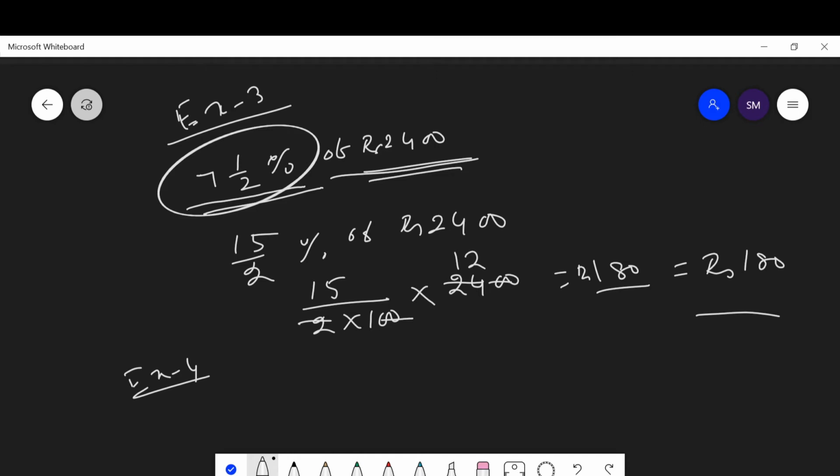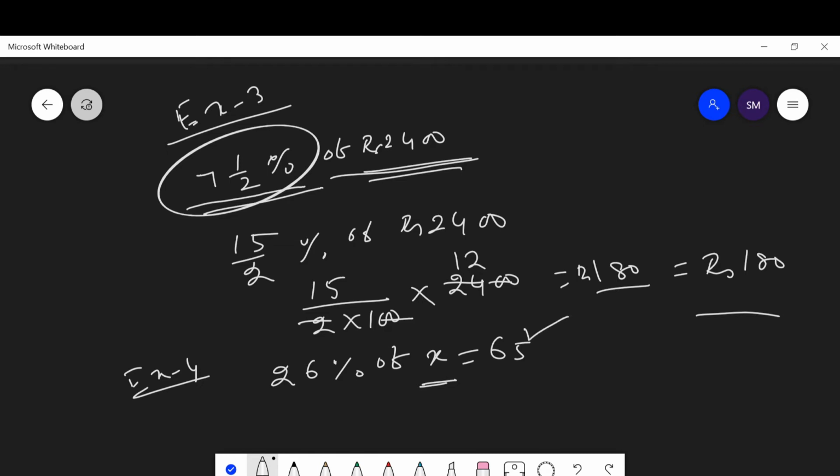Here the question is asked, 26% of a number is 65, then find the number. Let the number be x. You have to find out what is the number whose 26% is 65.